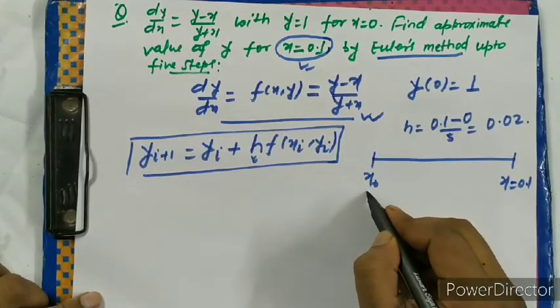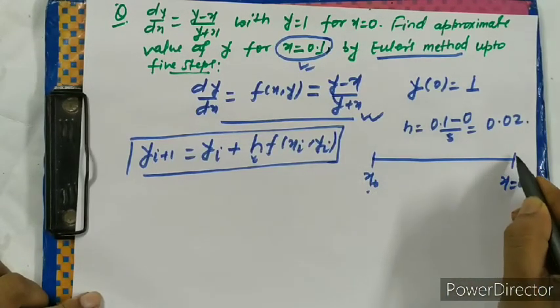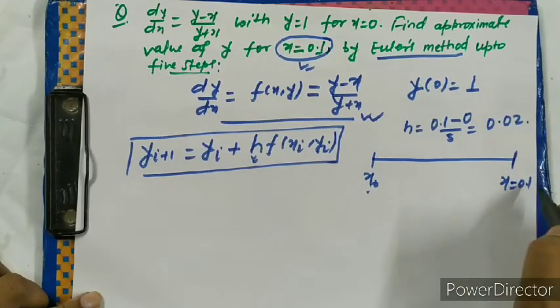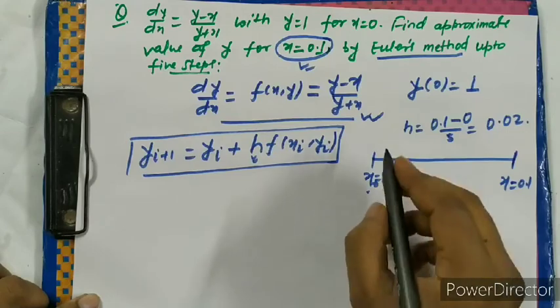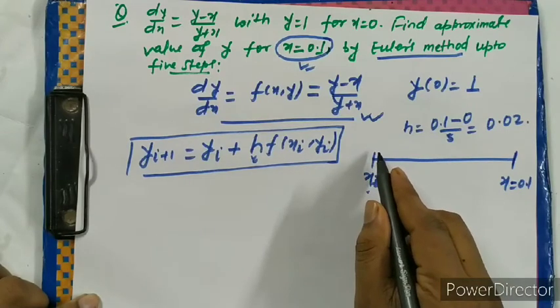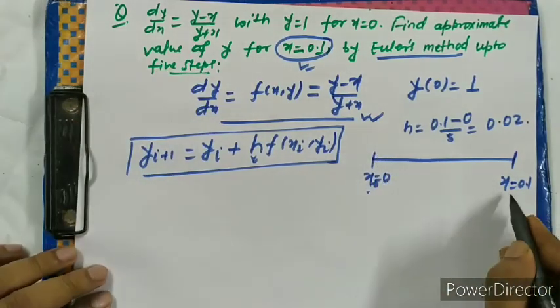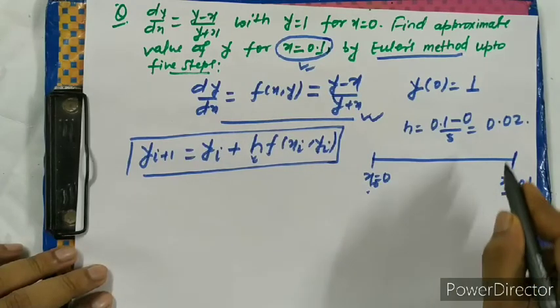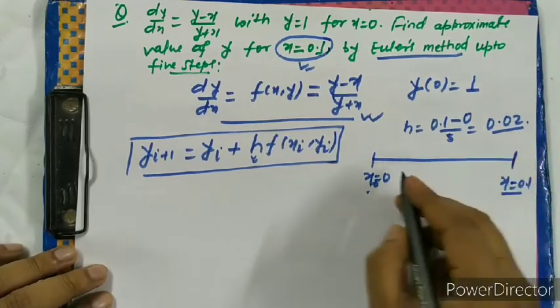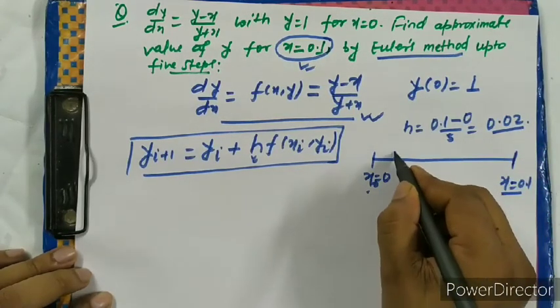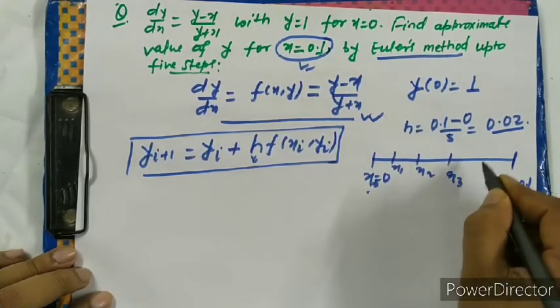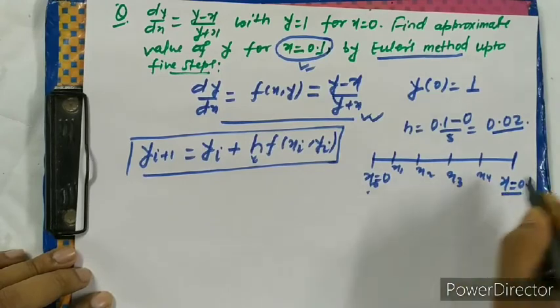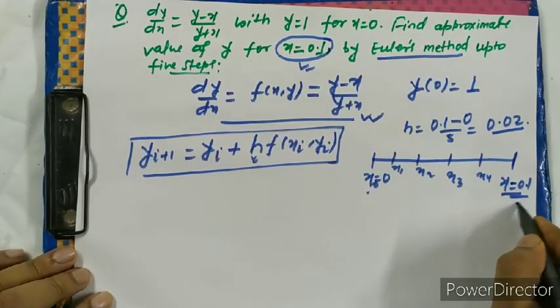तो हमें क्या वैल्यू x नॉट पे दी हुई है, हमें क्या करना है? दिस x इक्वल टू 0.1 पे फाइंड आउट करना है. x नॉट क्या है? 0 है, यानी फंक्शन की वैल्यू 0 पे दी हुई है. y की वैल्यू, हमें y की वैल्यू 0.1 पे चाहिए. स्टेप साइज क्या होगा? 0.02. तो y पे हम कैसे पहुंचेंगे? This is x1, x2, x3, x4 and finally we will reach this point.